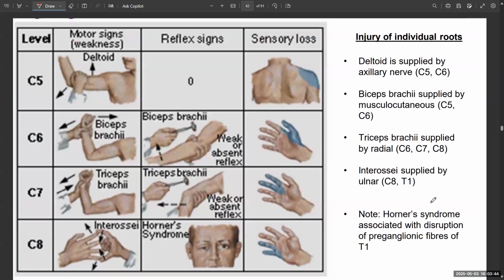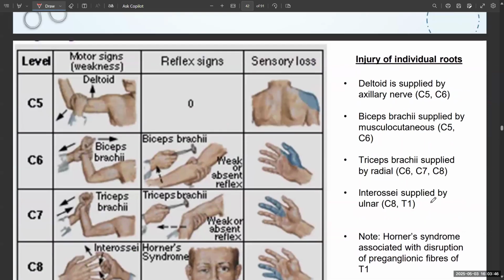Okay, this is so fun. Now, this is where you have injury of individual roots. Recall the roots were C5, C6, C7, C8, and T1. Now imagine you damage C5. If you recall, the axillary nerve, which comes from the posterior cord, is innervated by C5 and C6.